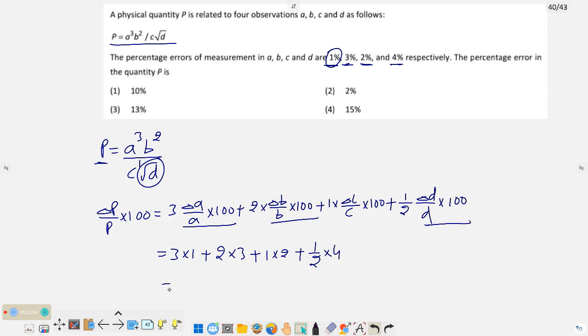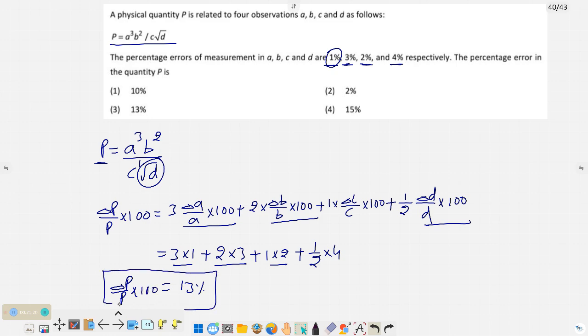To solve this, we get 3 plus 6 is 9, 9 plus 2 is 11, 11 plus 2 is 13, this is 13%. So the percentage error in the P value is 13%.